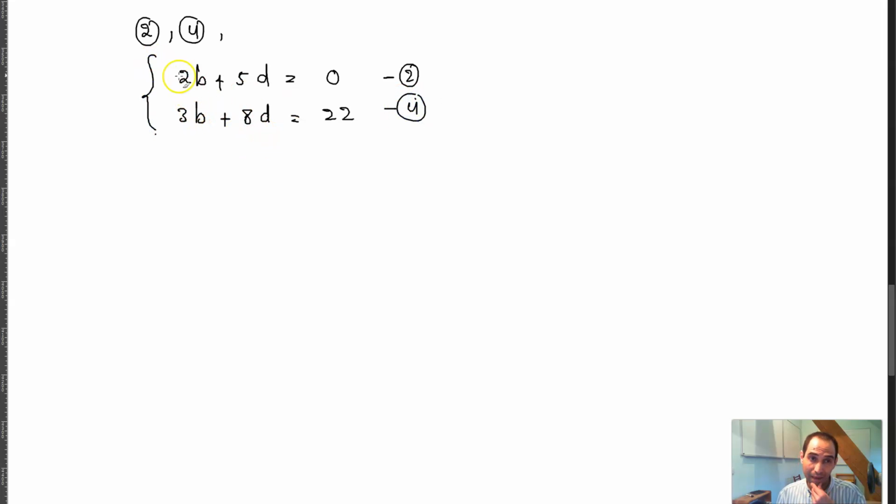Now, again, I divide by 2 to get it to 0, then multiply it by negative 3. So, negative 3 halves, 2 times negative 3 halves is equal to negative 3. And if I make this coefficient negative 3, then they will cancel out.